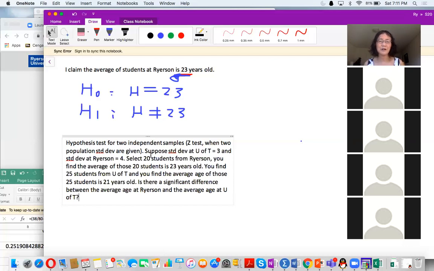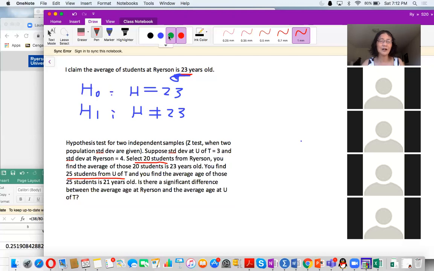I want to compare the population means. There are two population means. How do I compare them? I do a hypothesis test. I select random students from Ryerson and some random students from U of T, and I found the Ryerson average age is 23 and the U of T average age is 21 years old.